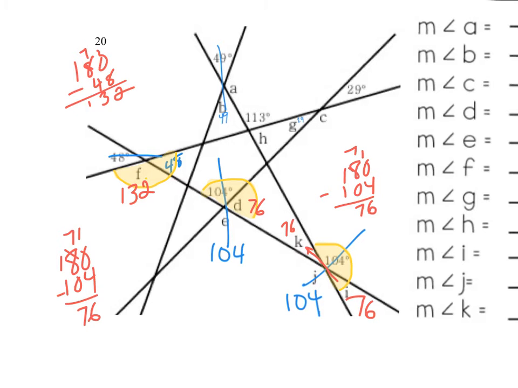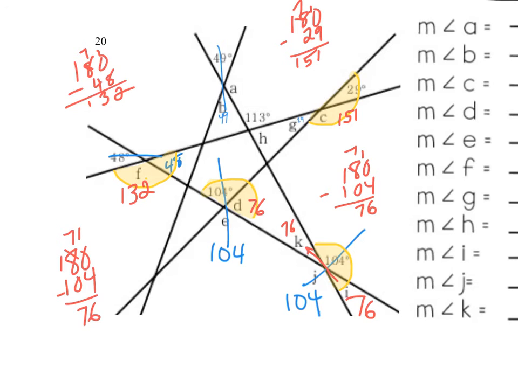Okay, and then let's go up here and look at this one. Okay, C and 29 are also sitting on a straight line and make a half circle, semicircle, so that also is going to be supplementary. So 180 minus 29, 151.